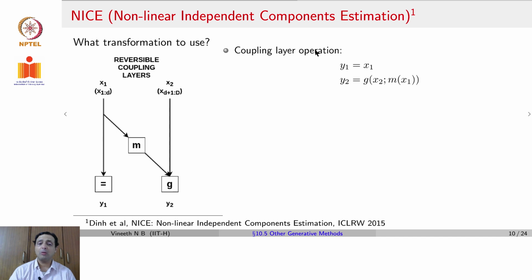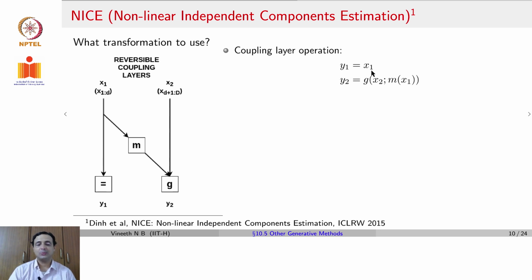So the coupling layer operation used was y1 is the same as x1. Here x1, x2 are the different dimensions of the data x. y1, y2, and so on are the different dimensions of what you're trying to generate, which you would like to match x in principle.